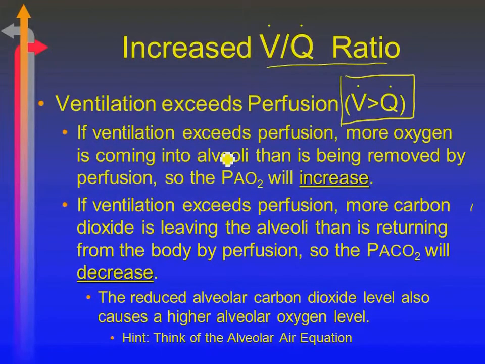When ventilation exceeds perfusion, more oxygen is coming into the alveoli than is being removed, so we'll have a rise in alveolar oxygen. If ventilation exceeds perfusion, more carbon dioxide is leaving the alveoli than is returning from the body. So carbon dioxide will go down.